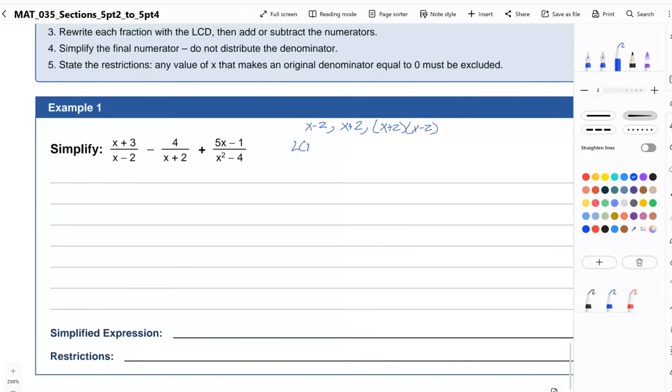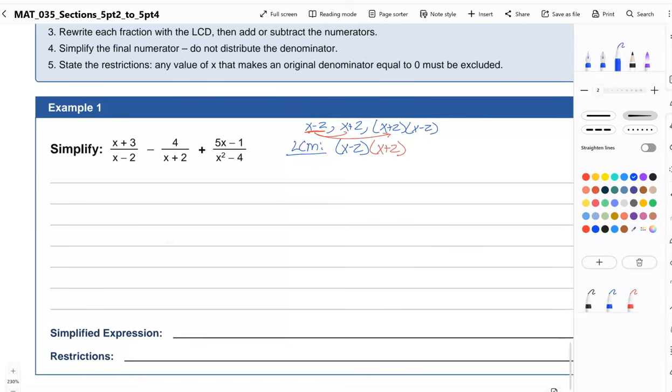Trying to find that least common multiple again. It doesn't matter where I start. I'm going to start with that x minus 2. If I look in the first neighbor, it has an x plus 2, so it's going to want 1. And then if I look in the second neighbor, I now have everything that second neighbor has. So my least common multiple will be x minus 2 times x plus 2.